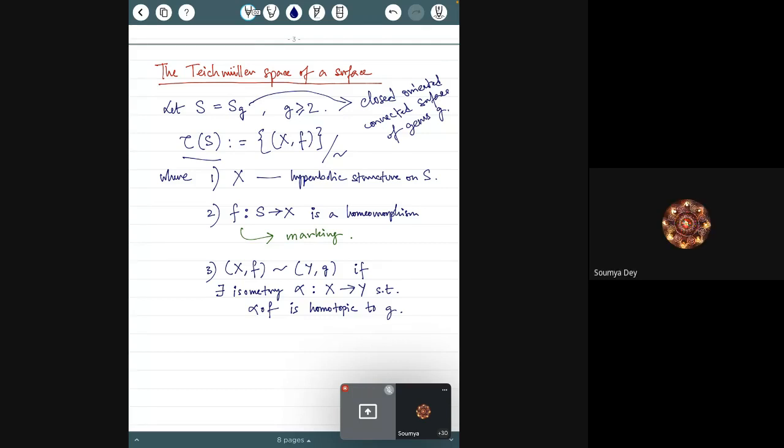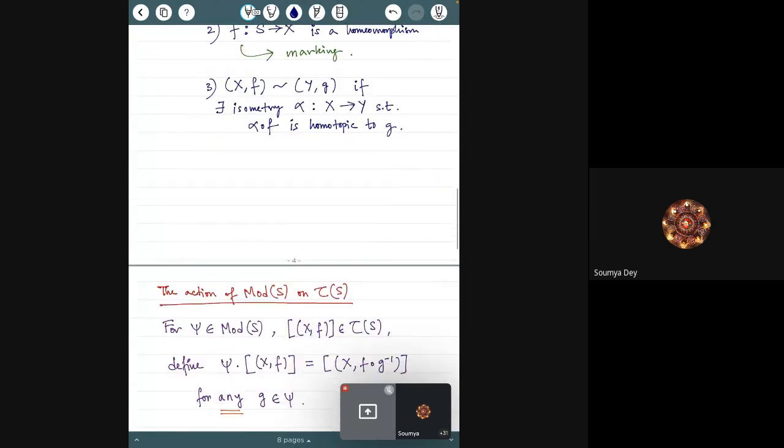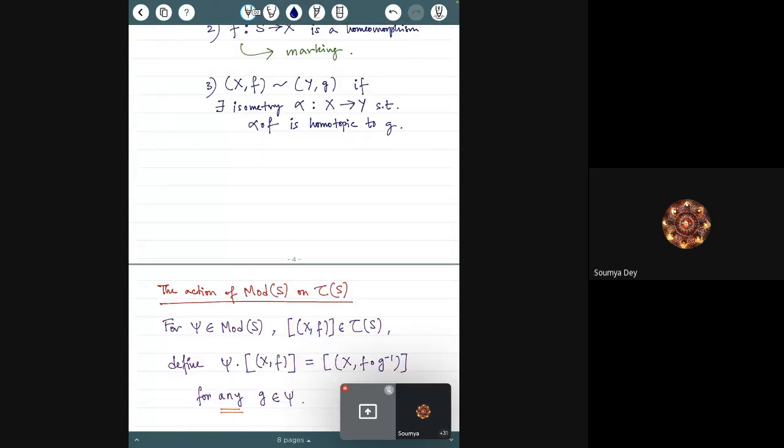Right. Yeah. Maybe. Isotopy will also work, because in the case of surfaces, I think isotopies and homotopies give us the same class, right? Yeah, there is a theorem like that, I think. Okay. So this is the definition of Teichmüller space.